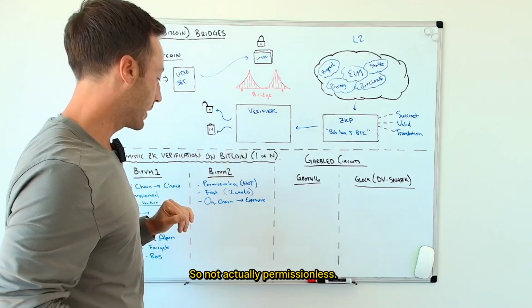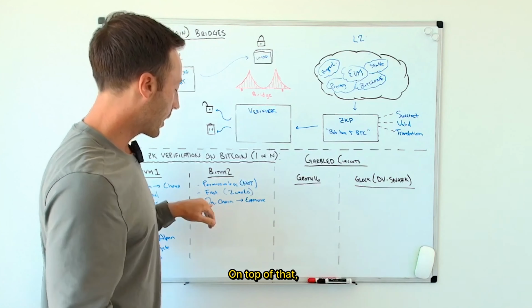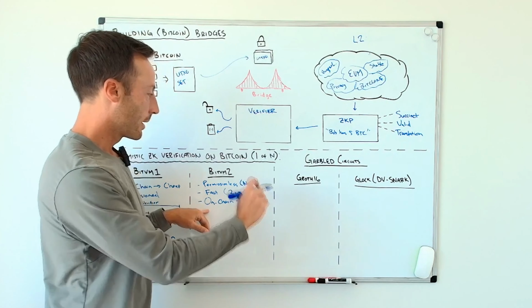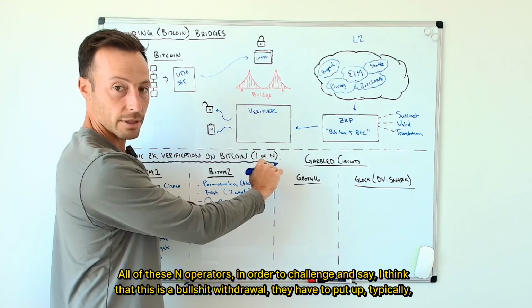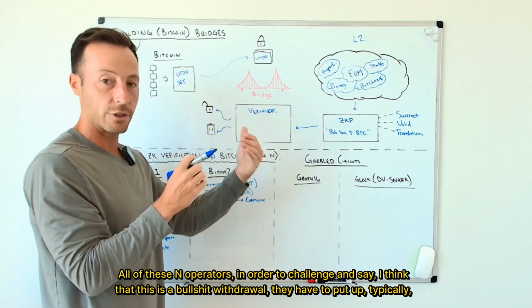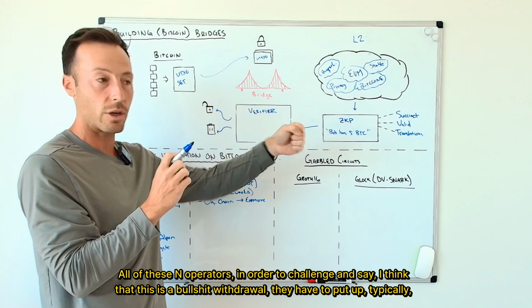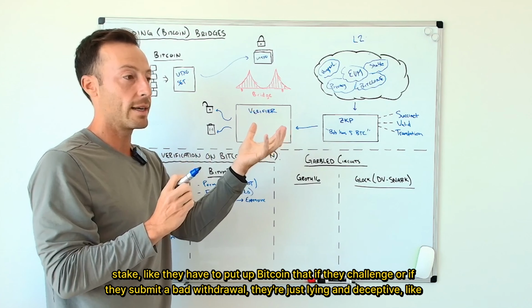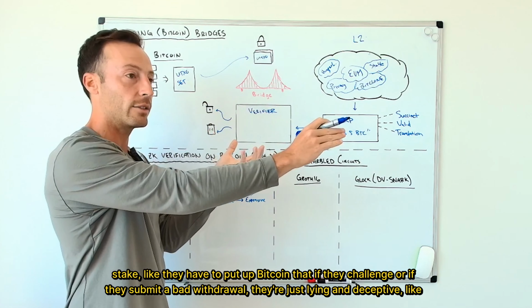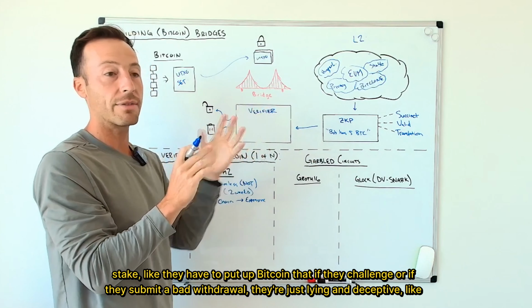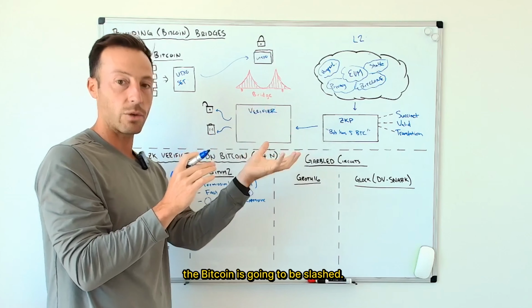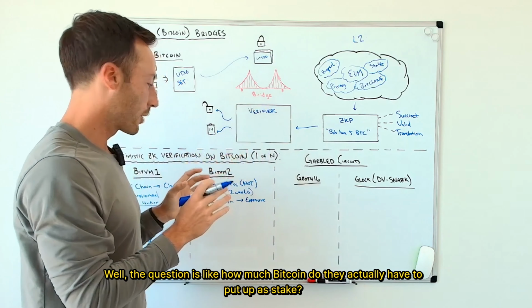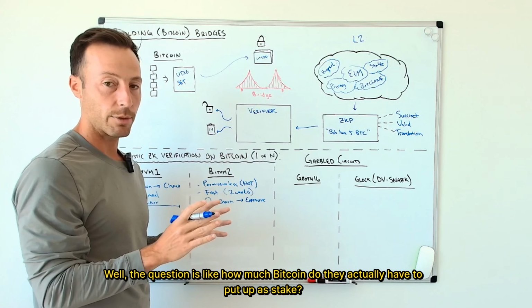So not actually permissionless. On top of that, all of these n operators, in order to challenge and say, hey, I think that this is a bad withdrawal, they typically have to put up stake. They have to put up Bitcoin that, if they challenge or submit a bad withdrawal, if they're just lying and deceptive, will be slashed. Well, the question is, how much Bitcoin do they actually have to put up as stake?